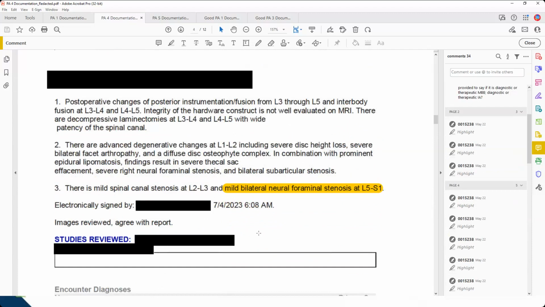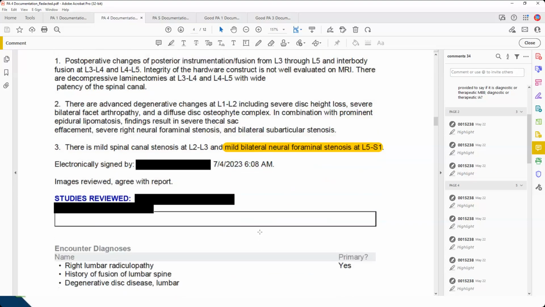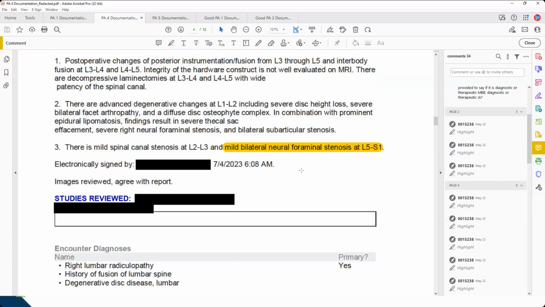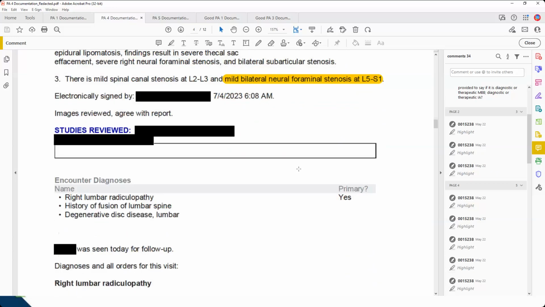And so we can see on this page, perhaps, that there are some procedures that they are starting to plan and think about based on some of the indications noted on her MRI.